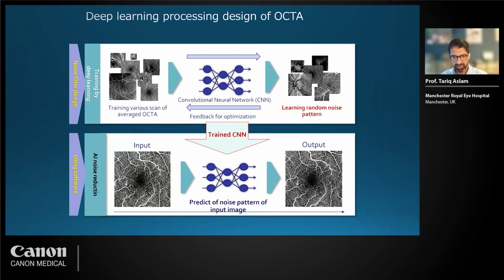Then you have a basic image and this highest quality image, and multiple sections of the images are trained using those two to try and detect where the points of noise are. When you have a final algorithm, you can apply it to just a basic image and enhance it by removing noise to this quality here on the bottom right-hand side.